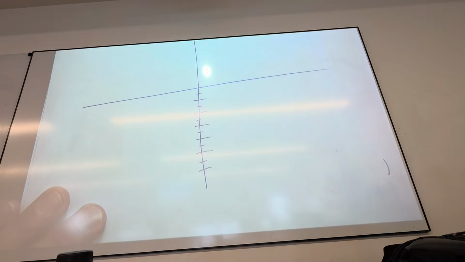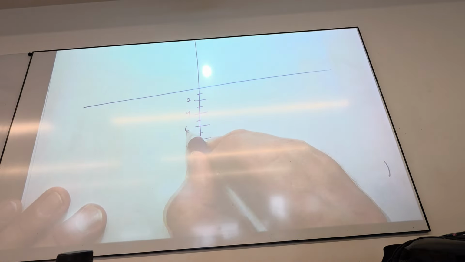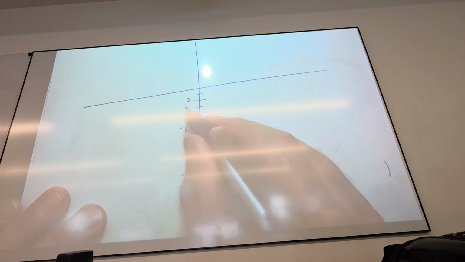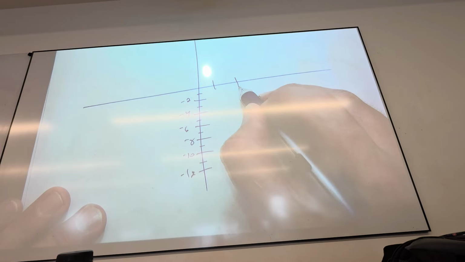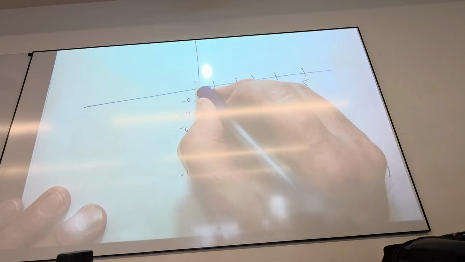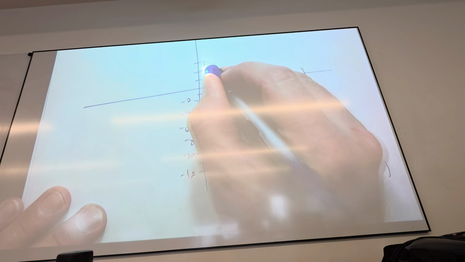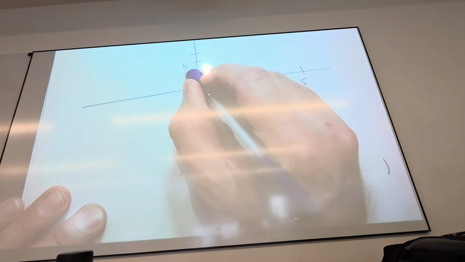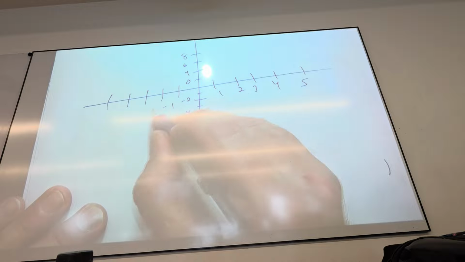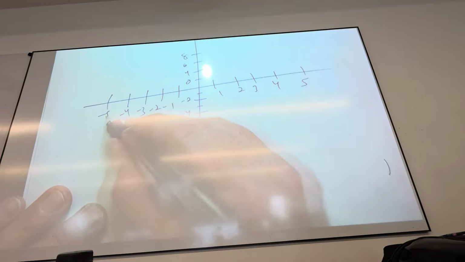Negative, negative, negative, negative, negative, negative. And now I'm going to do 1, 2, 3, 4, 5. 2, 4, 6, 8. 1, 2, 3, 5. Okay.